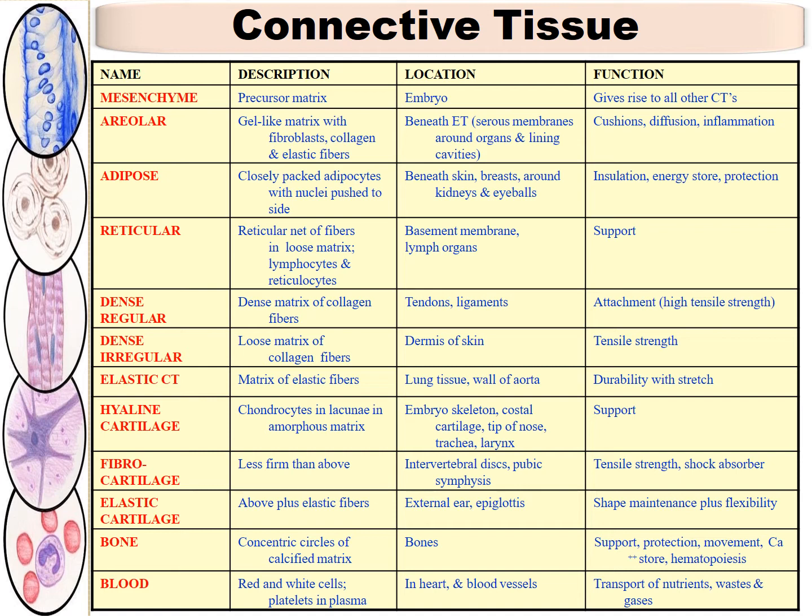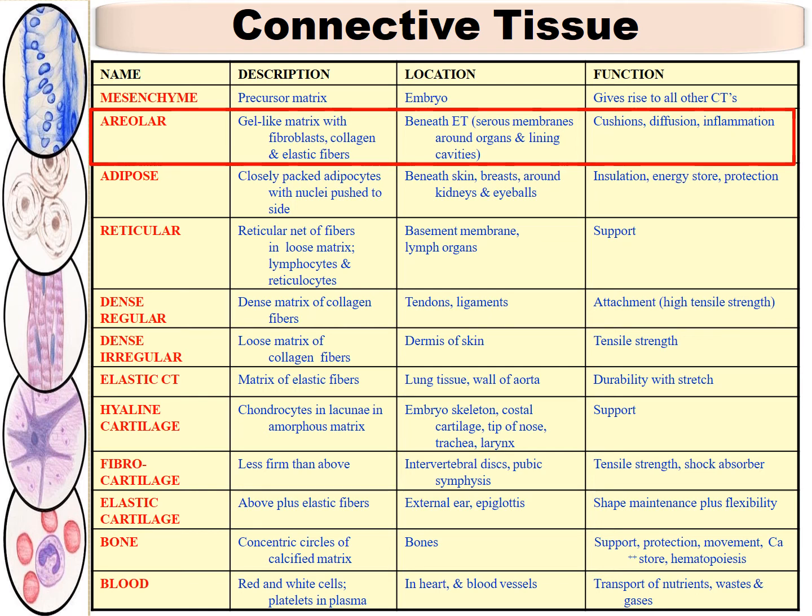For example, the areolar connective tissue. It is composed of gel-like matrix with fibroblasts, collagen, and elastic fibers.